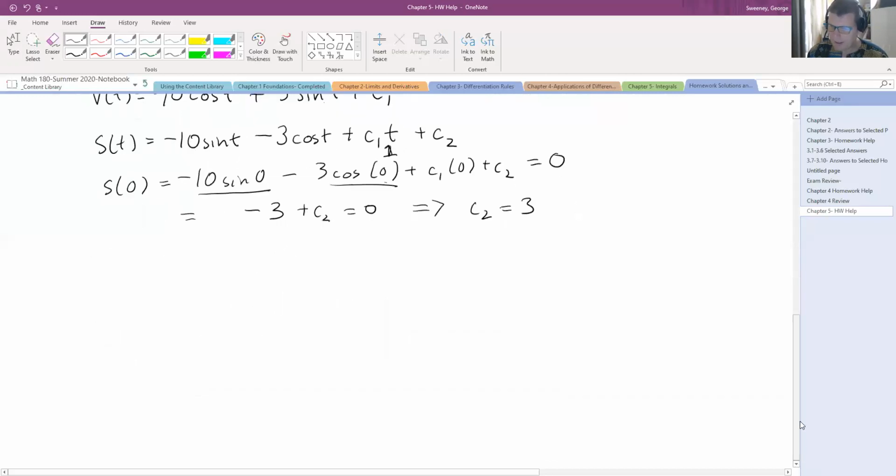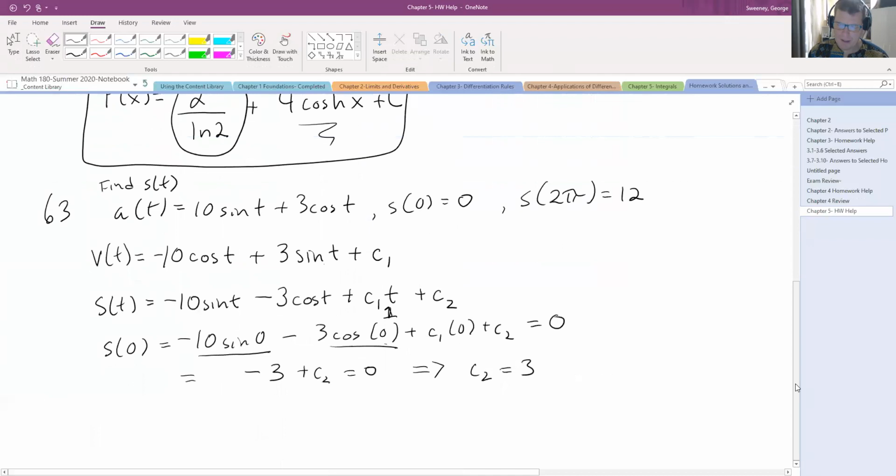All right? Now I can use that information to plug it back into my equation. By the way, on your exams, some of you need to work on some basic unit circle stuff. If I have sine of pi over 2 times 2, this is equal to the sine of pi, because they cancel.